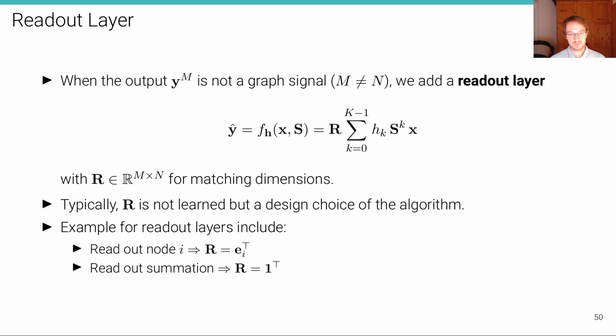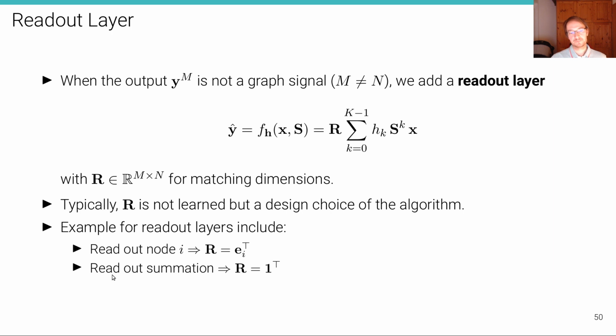Typical examples for the readout layers include, if we want to read out just a value at a single node, then this readout corresponds just to a unit vector where the 1 is at the corresponding component that we want to read out.